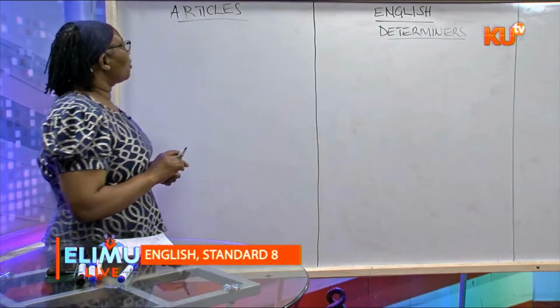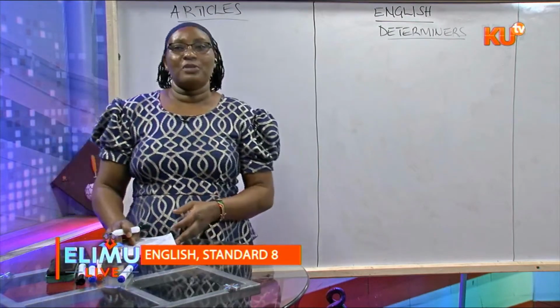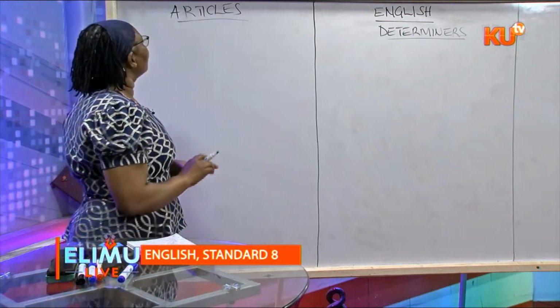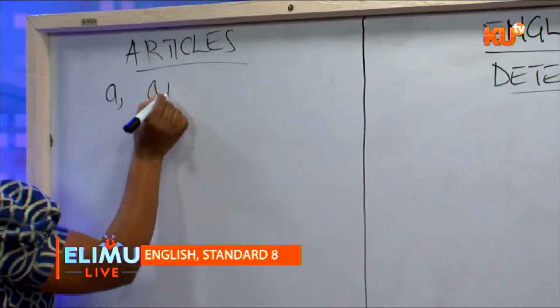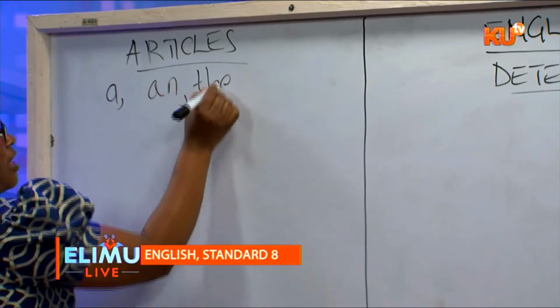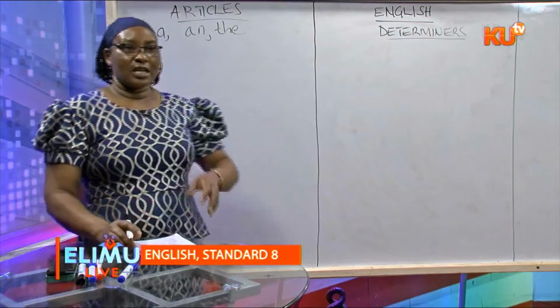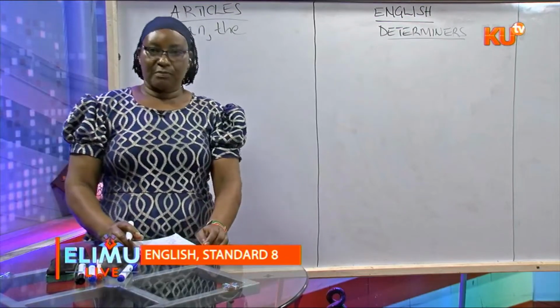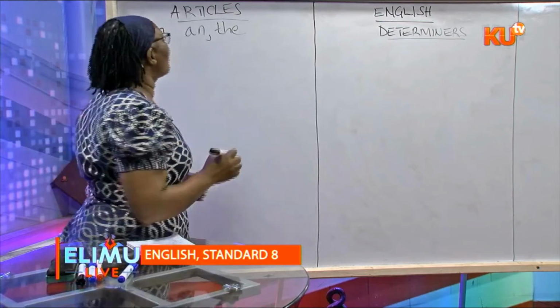Even in our preschool, we learned articles sometimes without knowing that they are articles. So the articles are a, an, and the. These are the determiners that we learned first in our primary English syllabus, and we'll start with the article the.